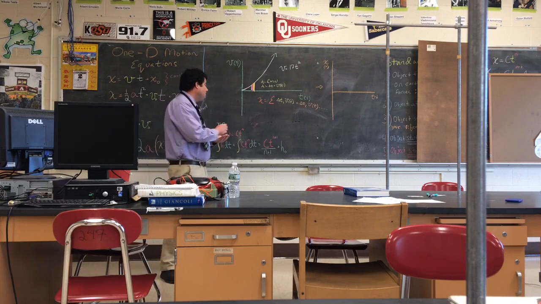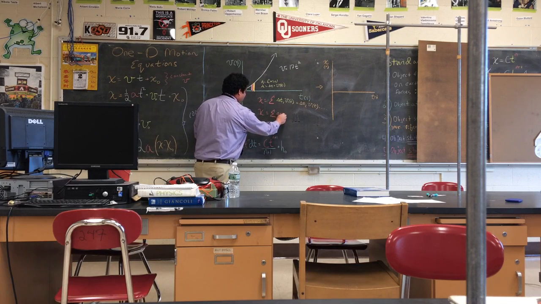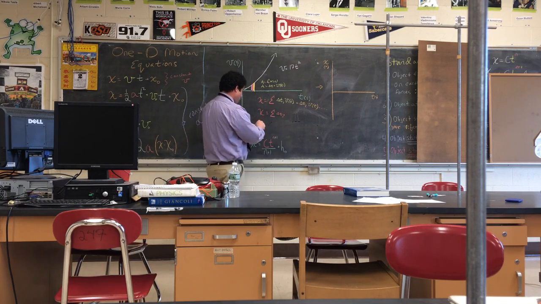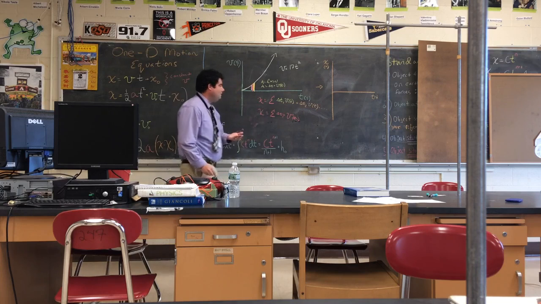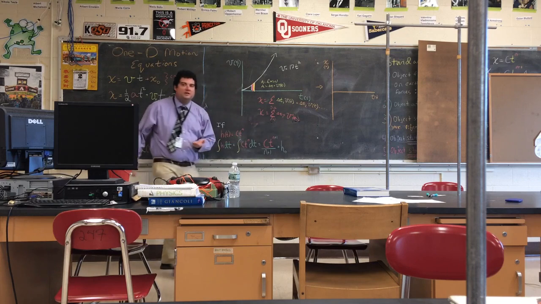We could just write that as x is the sum of all the delta ti times the velocity function during that time frame, going from i equals 1 up to the number of slices we have.